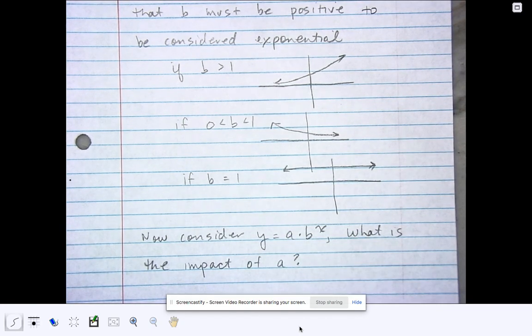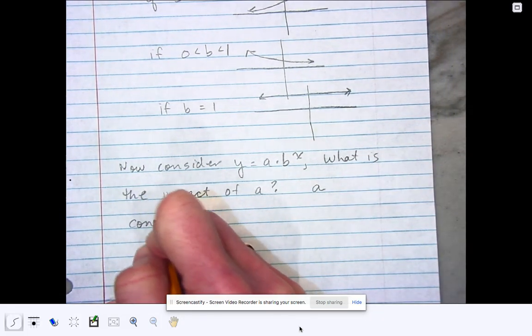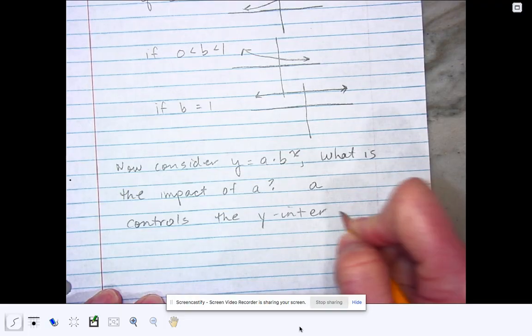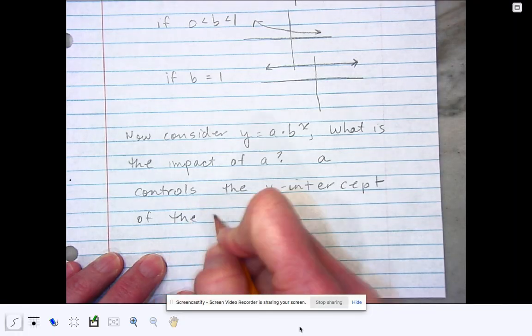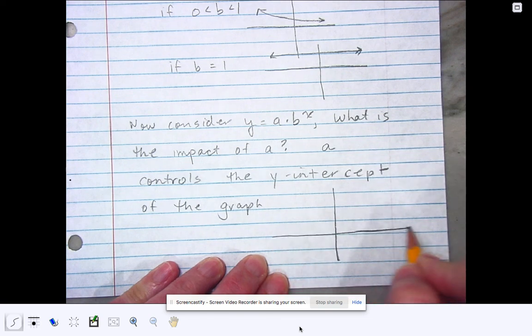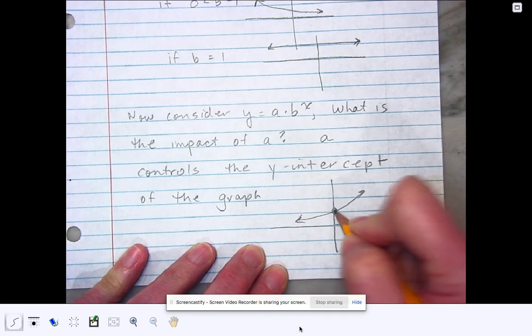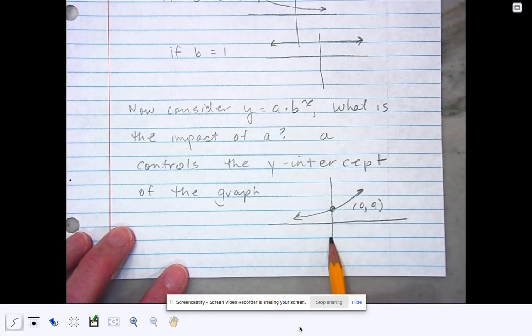We should have seen from our exploring that a controls the y-intercept of the graph. So in a curve kind of like this, at this point right here would be (0, a). It is possible that if a is a negative number, it's going to touch down here, and in that case, the curve would totally be below the x-axis.